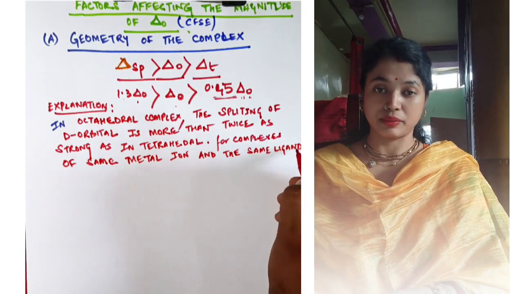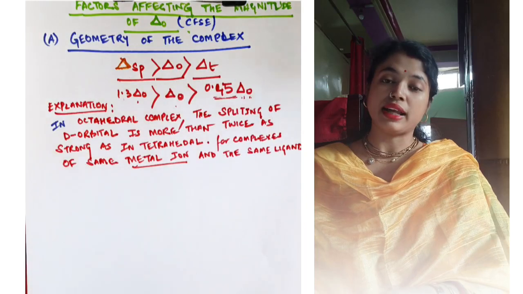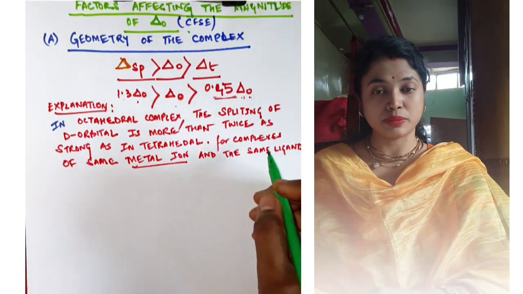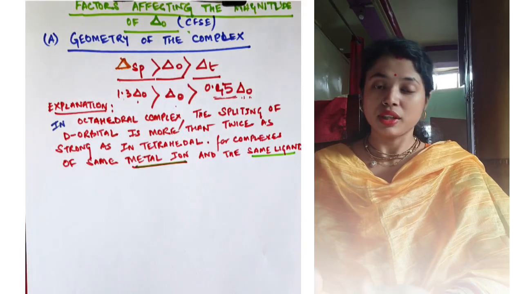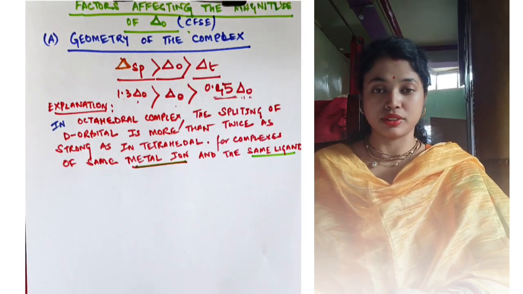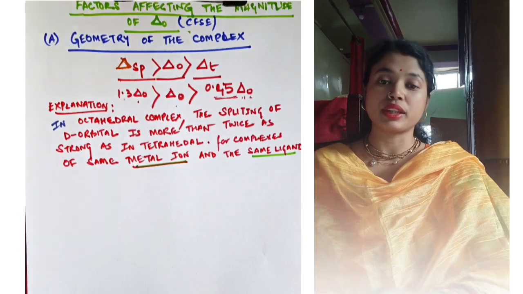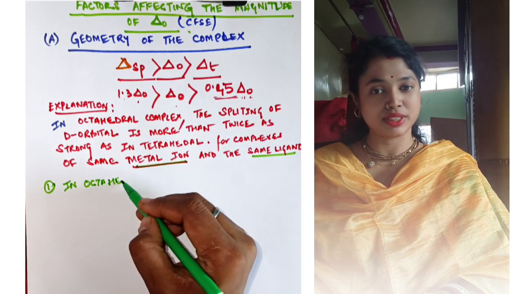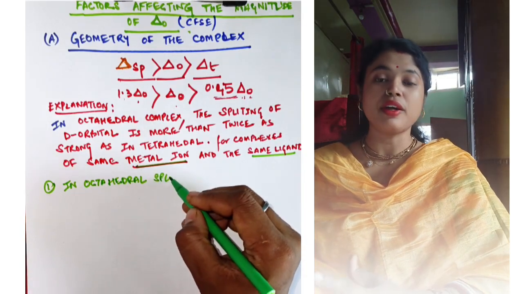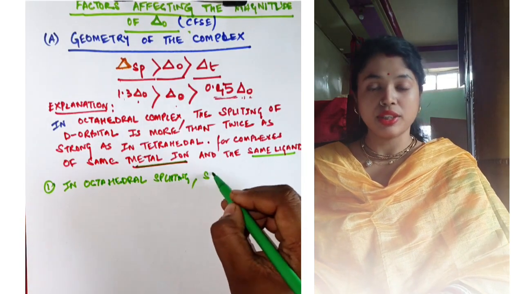That means for the same metal ion and the same ligand, octahedral splitting is more than tetrahedral, and in octahedral splitting six ligands are involved.